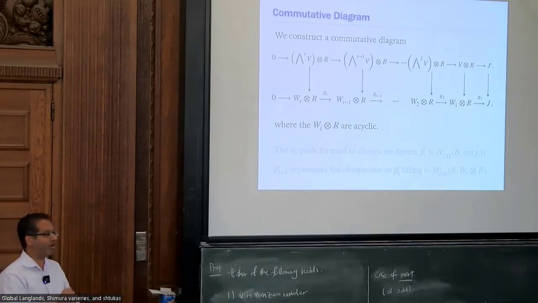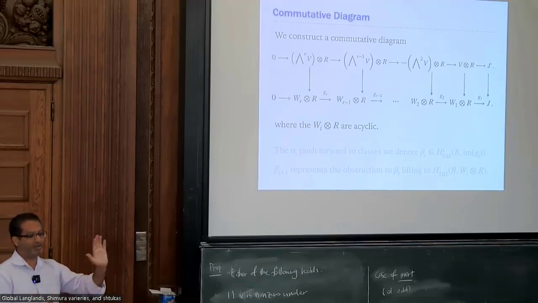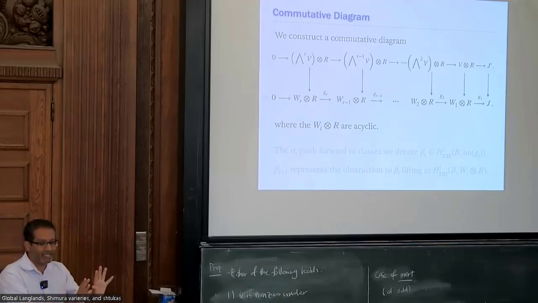So the fact that our fitting ideal is contained in I implies that the Ritter-Weiss module's fitting ideal is contained in I, because one of the properties of fitting ideals is that you have a surjective map. And that's why we need our cohomology class to be surjective. So if you have surjective cohomology classes, then you have a surjective map for the Ritter-Weiss module. The Ritter-Weiss module is basically like the class group.